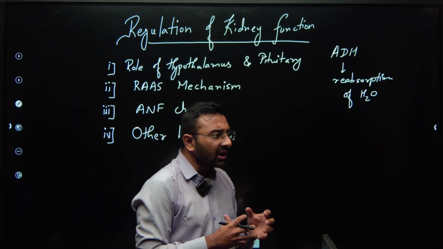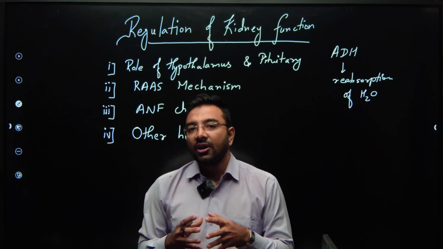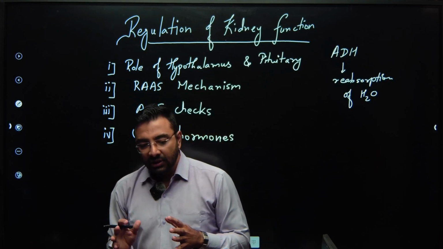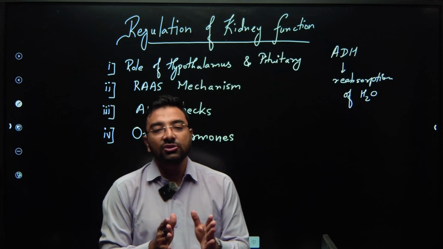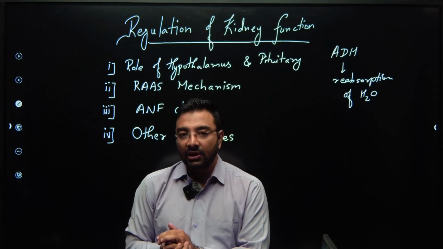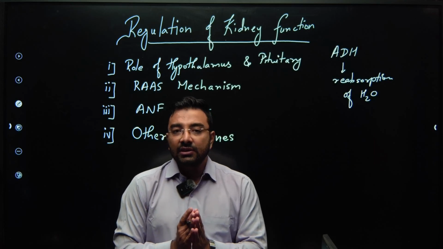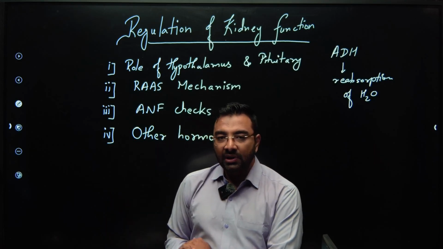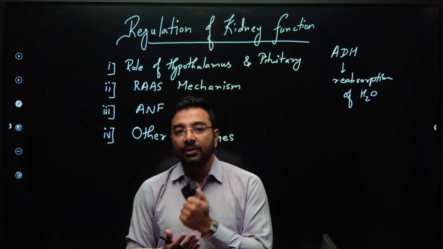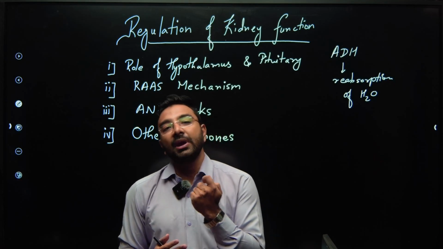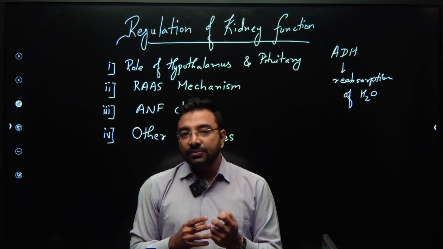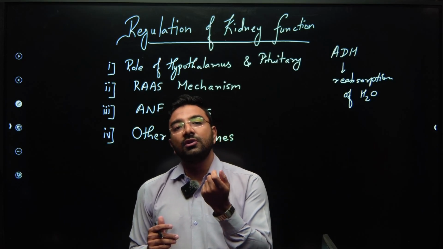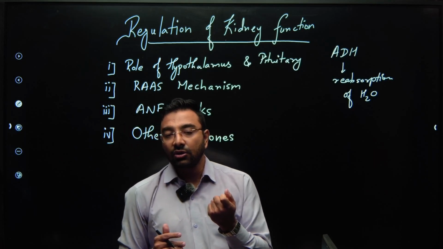So, that's how the hypothalamus and pituitary are both involved in the ADH mechanism. Now, coming to the next mechanism which affects kidney functioning, the RAS mechanism. RAS stands for renin-angiotensin-aldosterone system. When there is low GFR, that is low glomerular filtration rate, it is sensed by the juxtaglomerular apparatus and particularly the macula densa cells. These macula densa cells are present at the contact point of the DCT and afferent arteriole.